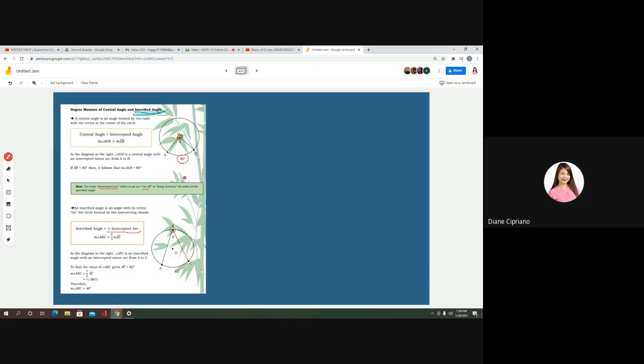So, in this case, dito, equal lang sila. Equal yung central angle sa intercepted arc. So, kung ang intercepted arc natin ay 80 degrees, therefore, the central angle is also equal to 80 degrees. In this case, it is half of the intercepted angle.